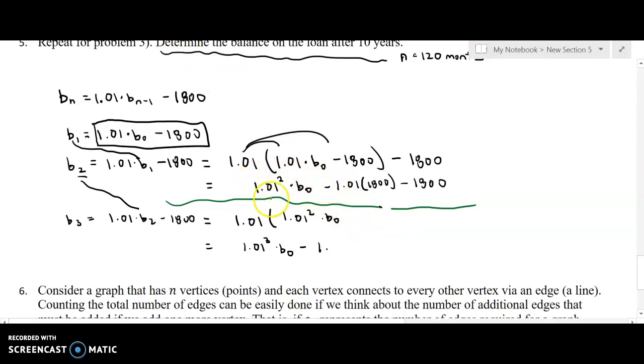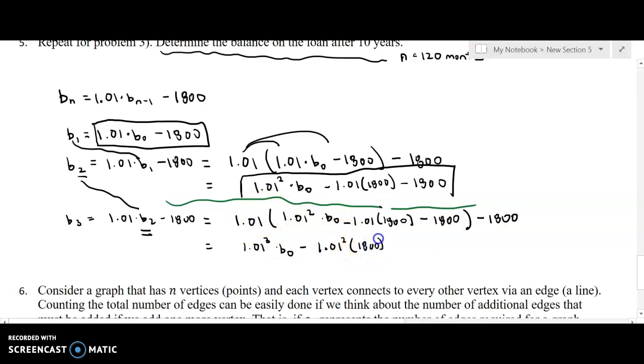So I'm really just taking this expression here, and I'm now copying that down here. So minus 1.01 times 1,800 minus 1,800. All of that, that's just what I've replaced B2 with, and then I have this minus 1,800 on the outside. So that means if I distribute the 1.01 here, I will get minus 1.01 squared times 1,800 minus 1.01 times 1,800 minus 1,800.